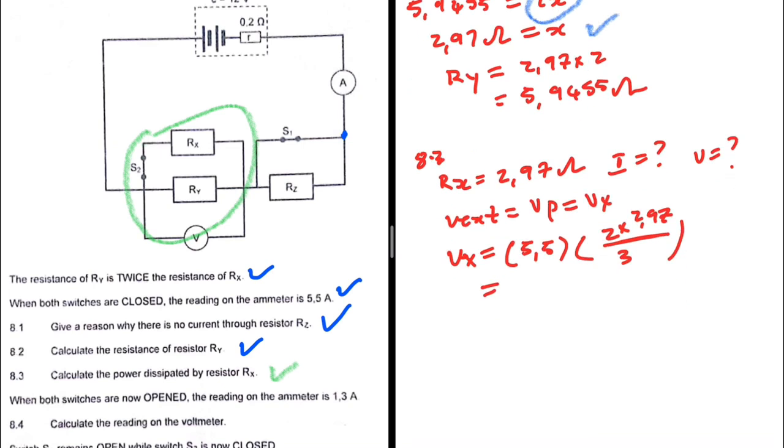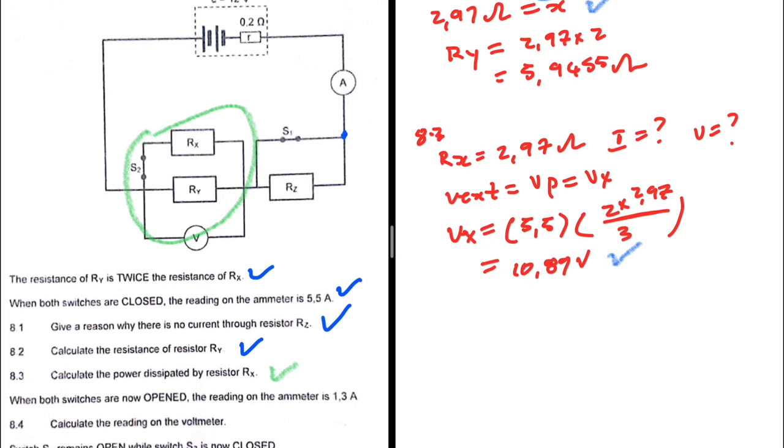So this is Vx. So 5.5 multiplied by 2 multiplied by 2.97 divided by 3. Let's see. Oh, so this is 10.89 volts. So that is the voltage there.